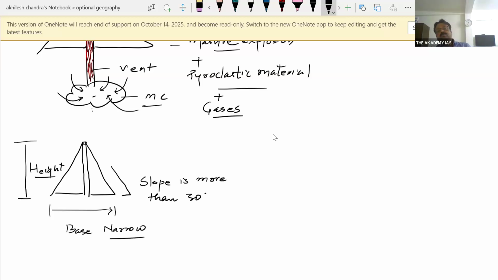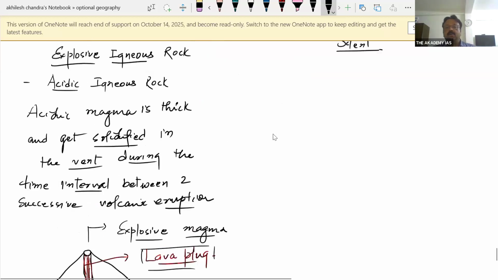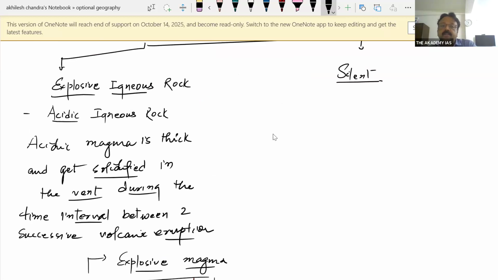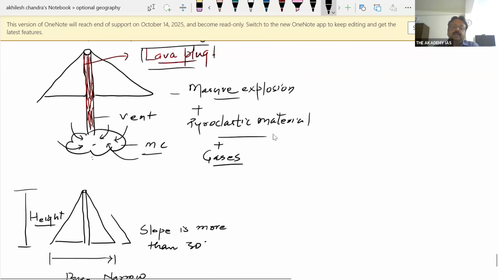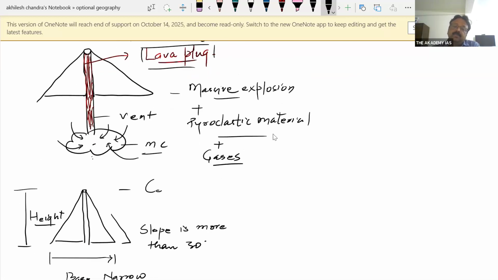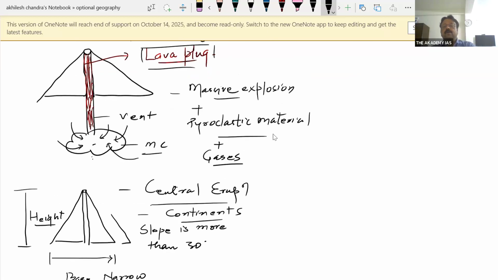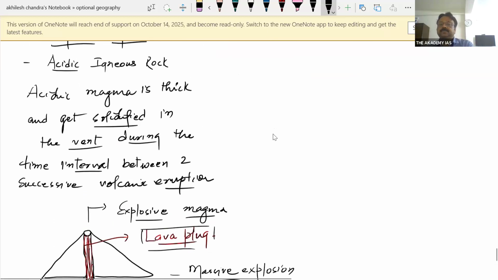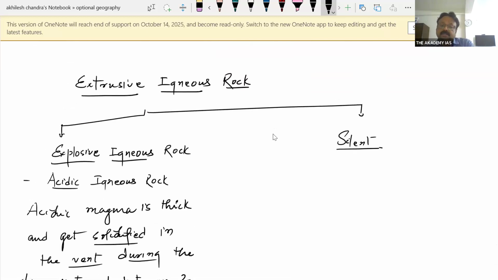This is explosive type of igneous rock. Often the explosive type of igneous rocks come from central eruptions, and they are also on continents.